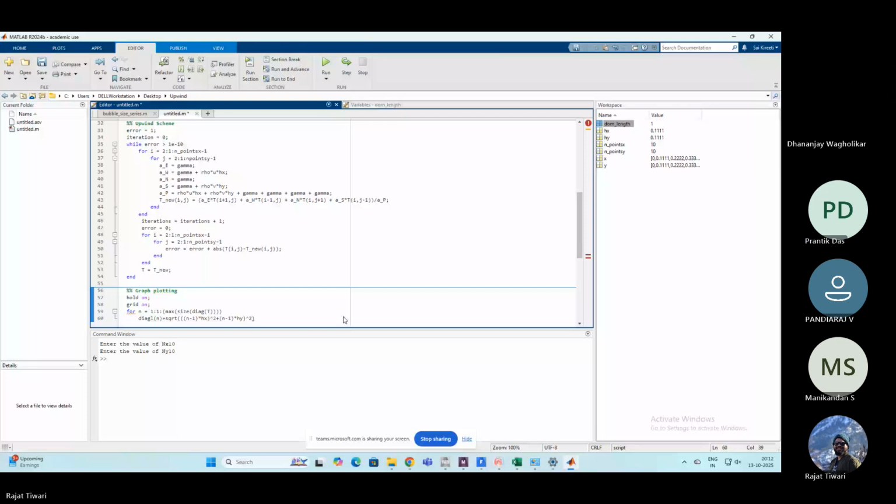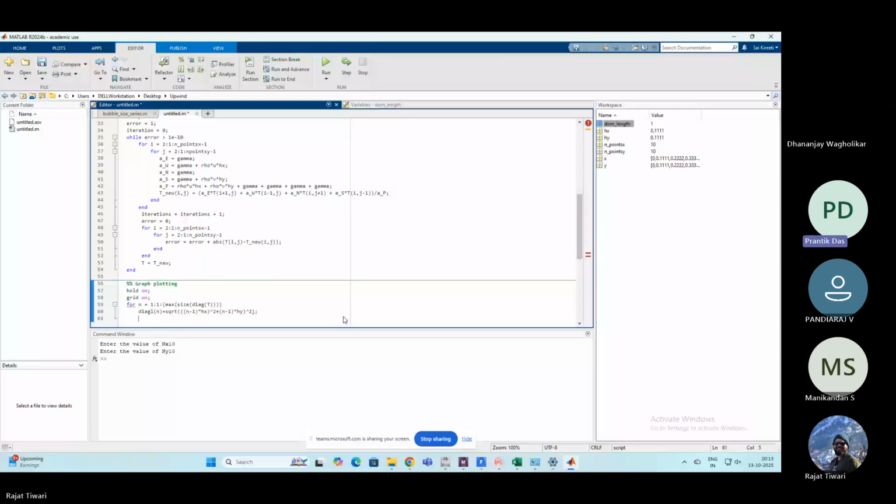And similarly the temperature has to be stored along the diagonal.